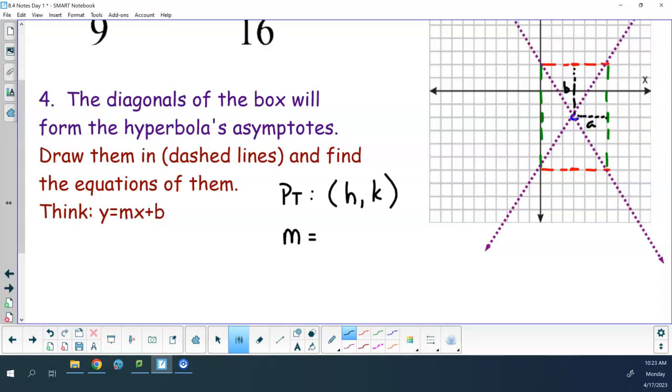So the slope of your asymptotes will always be, one of them will be positive b over a, the other one will be negative b over a, just from how the box was built.